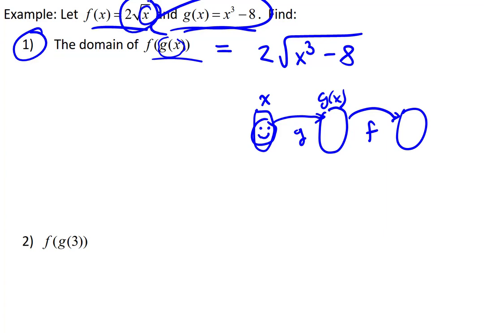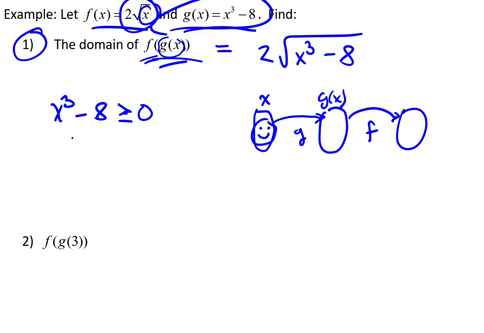So that means that x cubed minus 8, which are going to end up as the inputs for the f function, all those values, x cubed minus 8, those have to be greater than or equal to 0 so that when plugged into the f function, f will actually pick them up for the domain of that root.